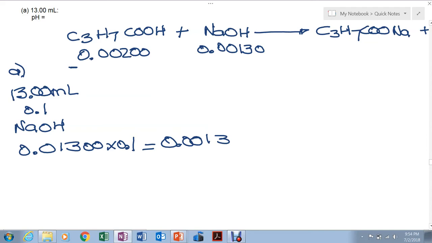Generally, the first quantity is always given less. I'm going to give you the quantities right away. Well, easy to see, 0.0070.